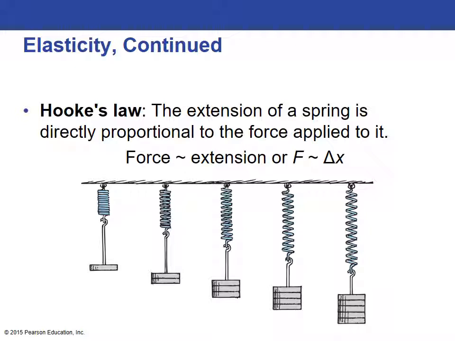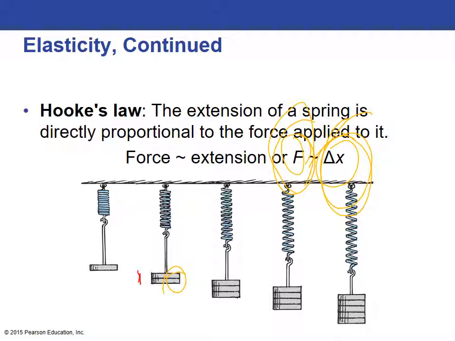Basically, when we're looking at a spring, the distance that we change is exactly proportional to the amount of mass or the force with which we're pulling the spring. So Hooke's law is telling us that if the force doubles, the displacement doubles. If the force goes up by 4, the displacement goes up by 4. If the force goes up by 1,000, the displacement goes up by 1,000.